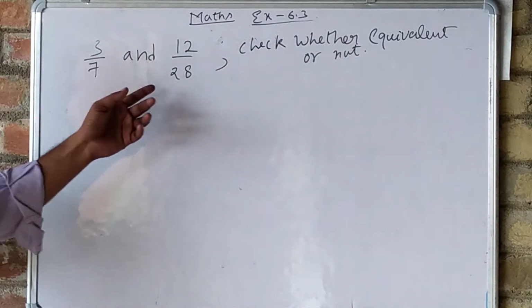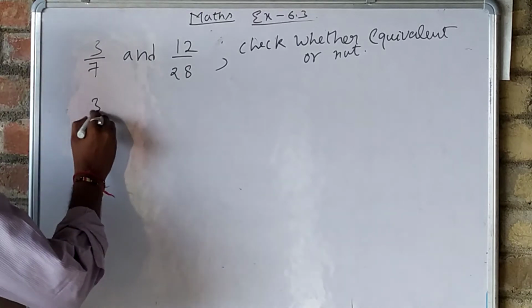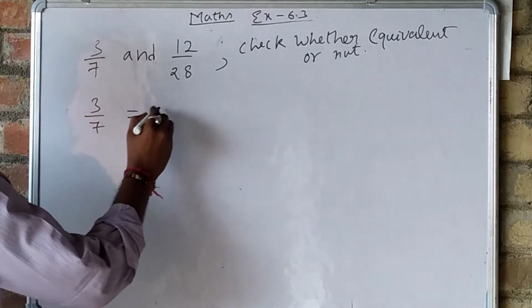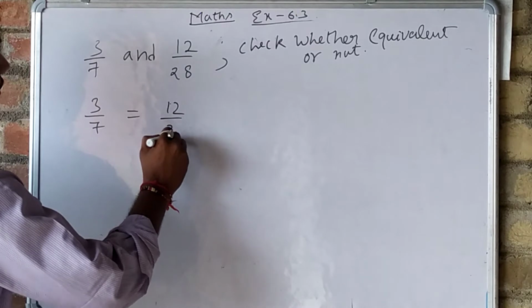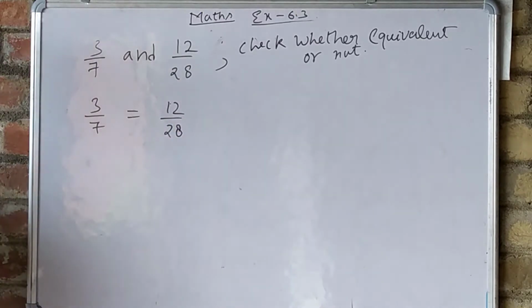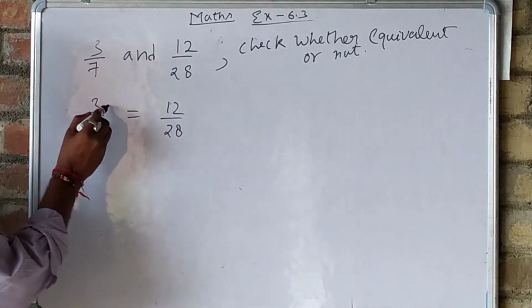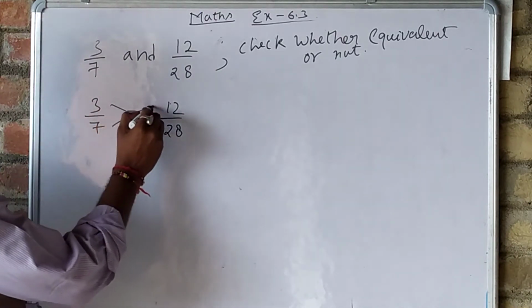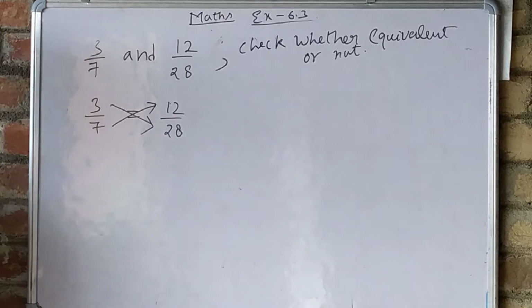So 3 by 7 and 12 upon 28. What will we do? We will write them with an equal to sign like this: 3 upon 7 equals 12 upon 28. This is the first part. Now we will make an arrow of multiplication like this. That means now we are doing cross multiplication.